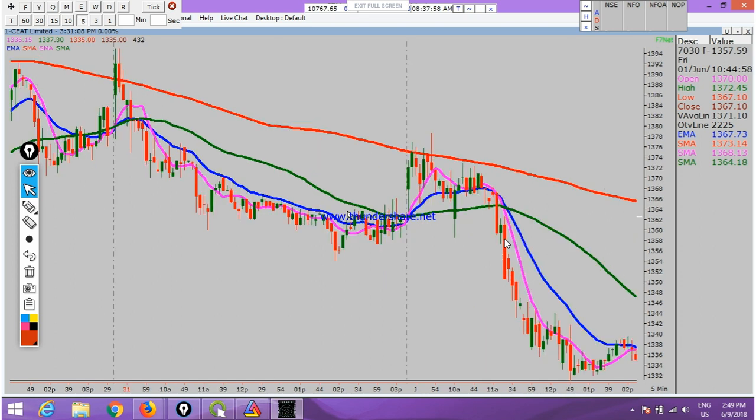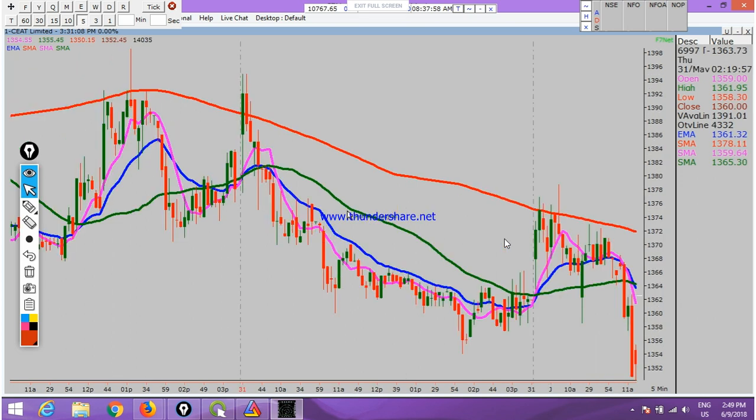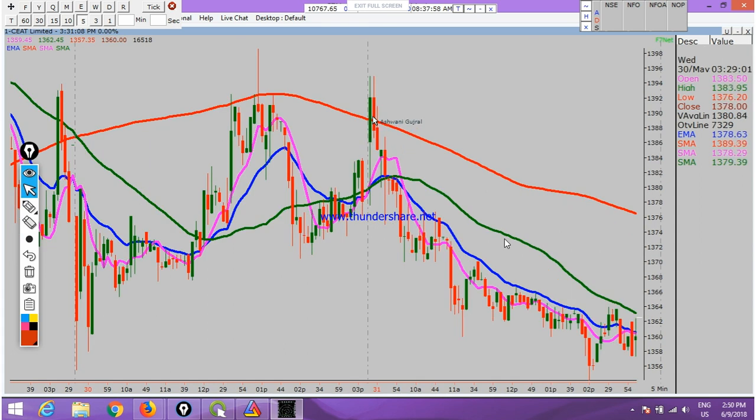Again, see this green bar immediately whacked by red. Stop above the high and see the decline you got.